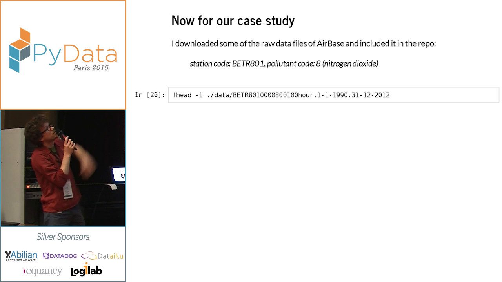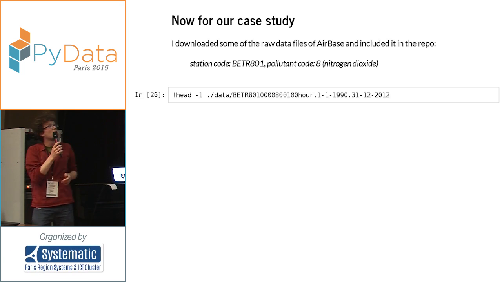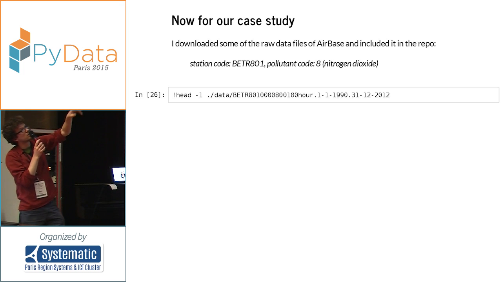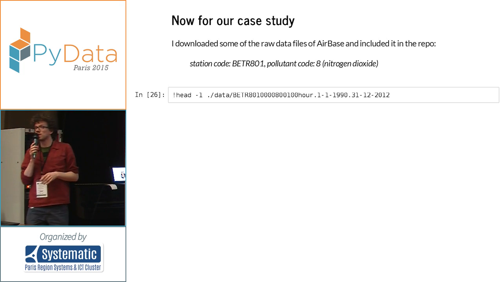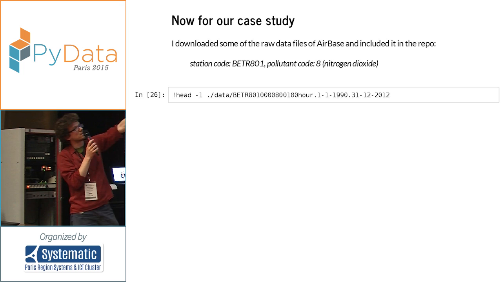For our case study, I downloaded some of the data files from AirBase, and I downloaded some data for nitrogen dioxide. It's a typical pollutant, and for some different stations. But my data look like this.